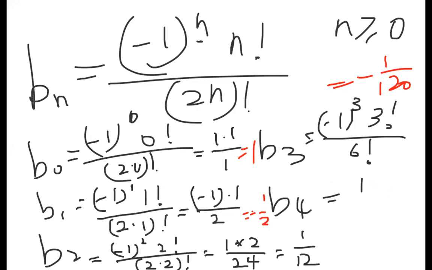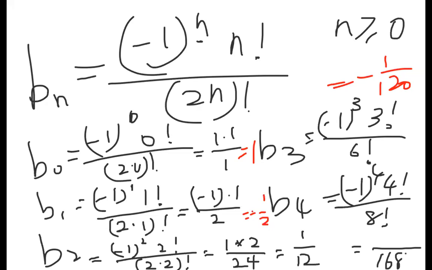And B4 is -1 to the 4th power, 4 factorial divided by 8 factorial. And now it becomes 1680 in the denominator. All right.